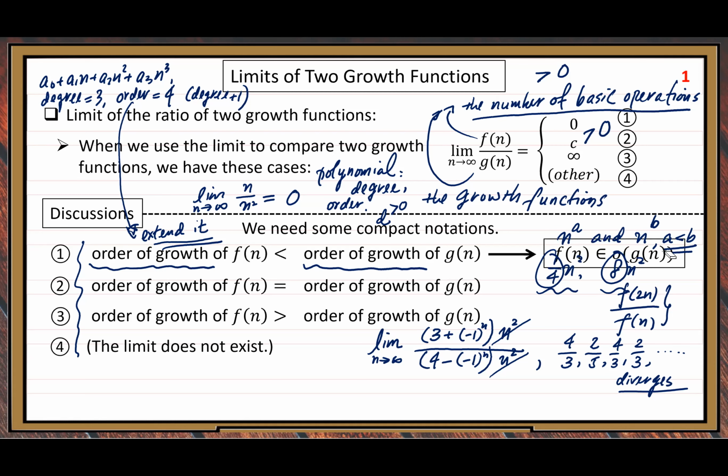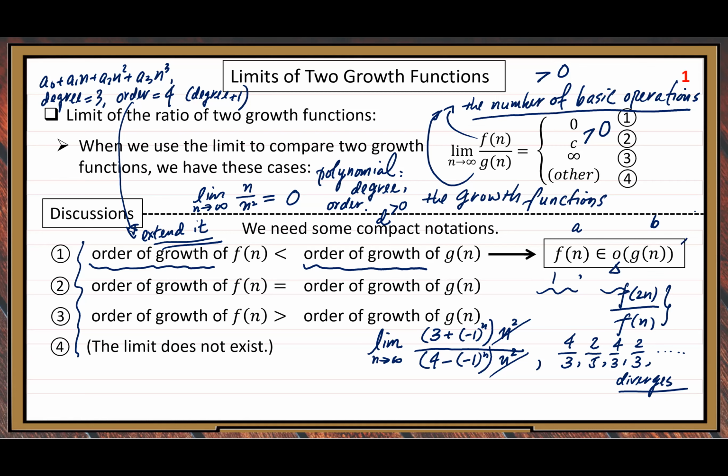The expression for the first case is f of n belongs to little o of g of n. The special thing is the little o. The first time you see it, you may ask, what's the meaning of that?